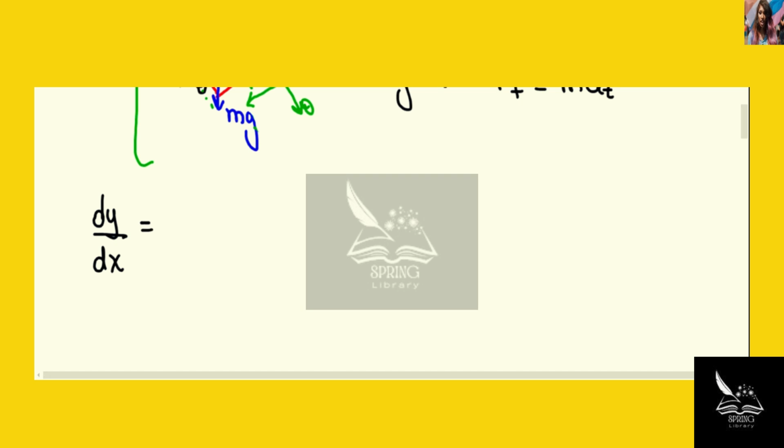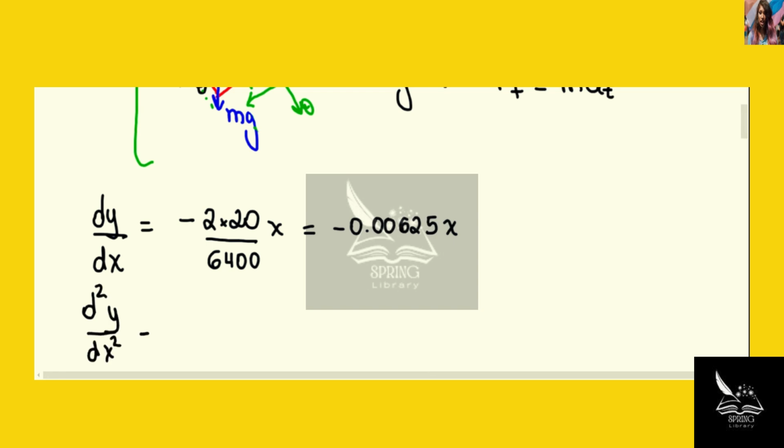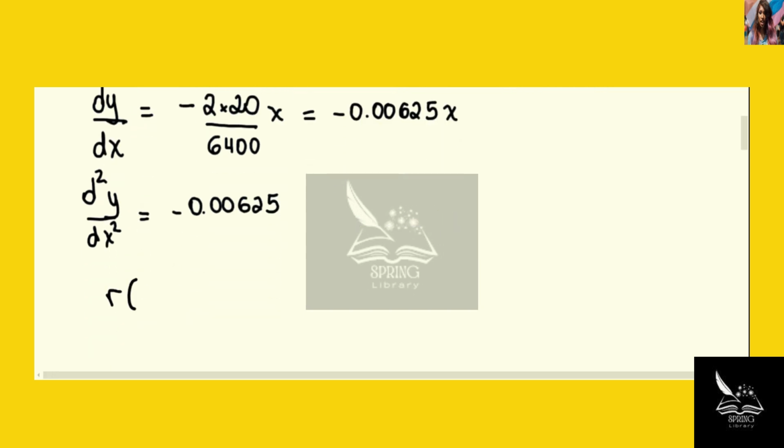So dy dx is equal to minus 2 times 20 divided by 6,400 times x. So this is equal to minus 0.00625x, while d2y dx2 is equal to minus 0.00625. So we want to find r when x is equal to 80 meters.